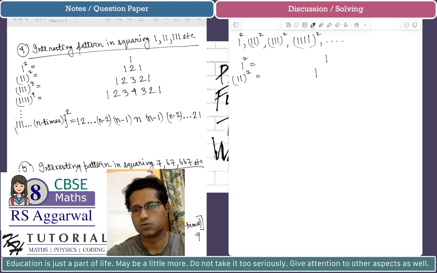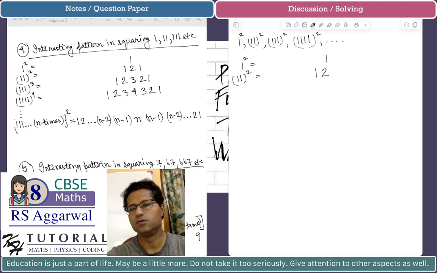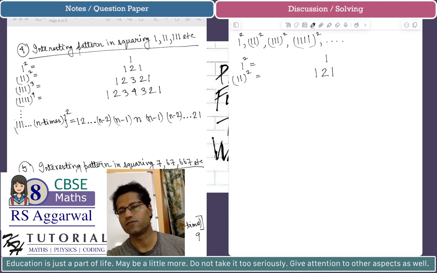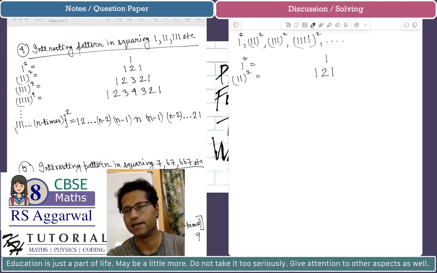After 1 comes 2. But since 11 has only 2 digits, you stop at 2 and then you write the preceding numbers in reverse order. That is, you have written 1, 2, and then you write 1.